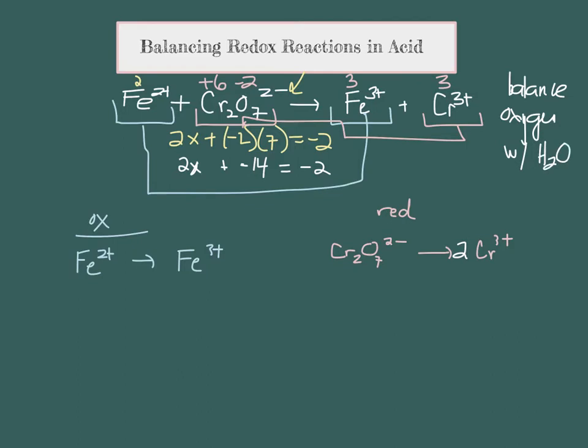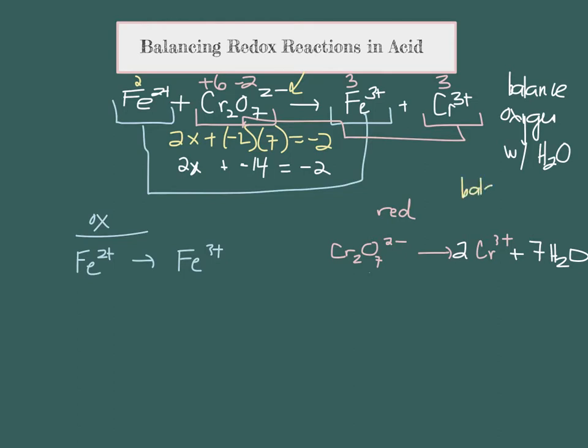Okay, so on my reduction side, I see that I have 7 oxygens on my reactant side and none on my product side. So I'm going to add 7 waters to the product side to take care of my oxygen issue. As soon as my oxygen issue is taken care of, I now have a hydrogen issue.